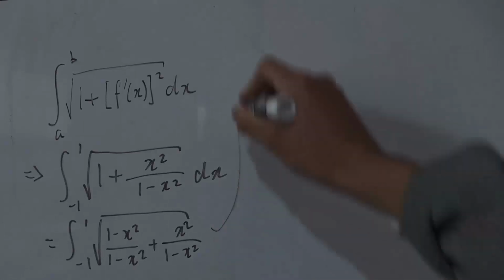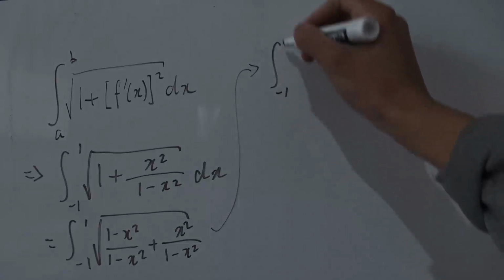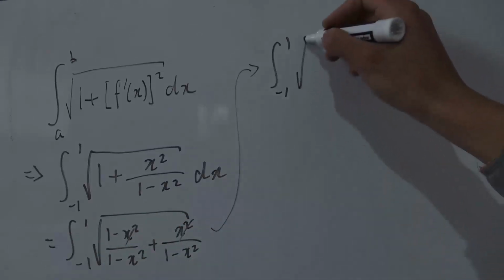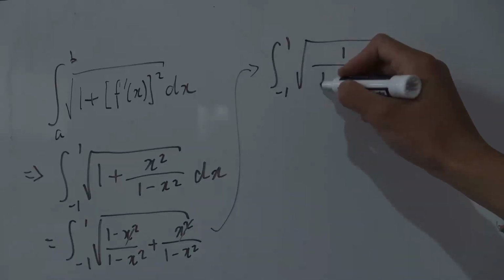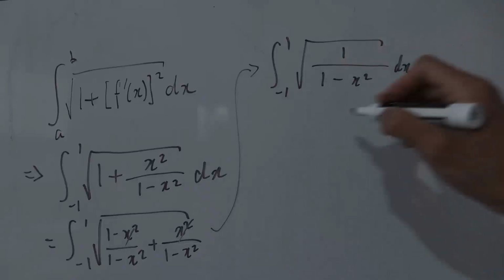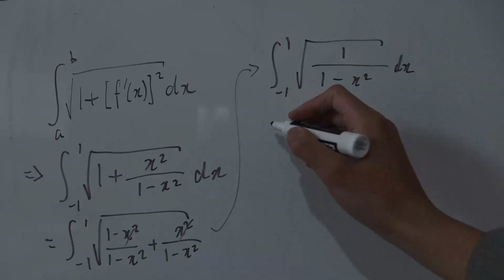So now we have the integral from -1 to 1, and I'm going to add these two together. So -x squared and x squared will cancel. So we're just going to have a big square root of 1 over 1 minus x squared dx, and the square root of 1 is just 1, then we can just square root it at the bottom.